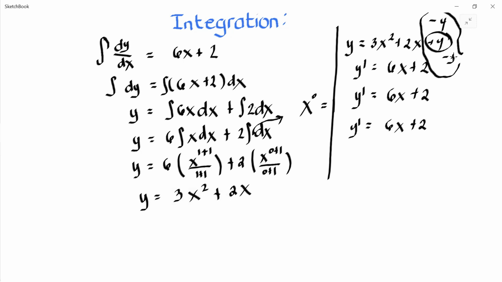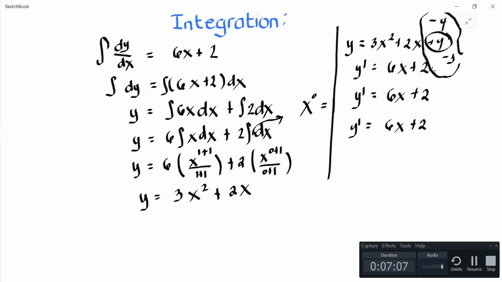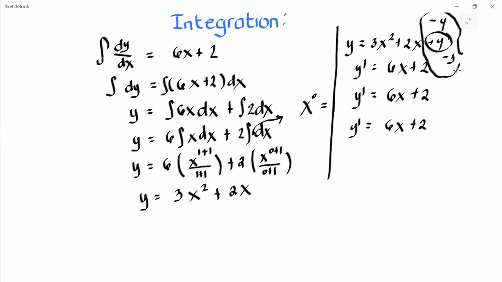So to represent the various values that it could possibly be, we need to always add a constant of integration, especially in solving indefinite integrals. Therefore, this is the correct answer for this particular problem.